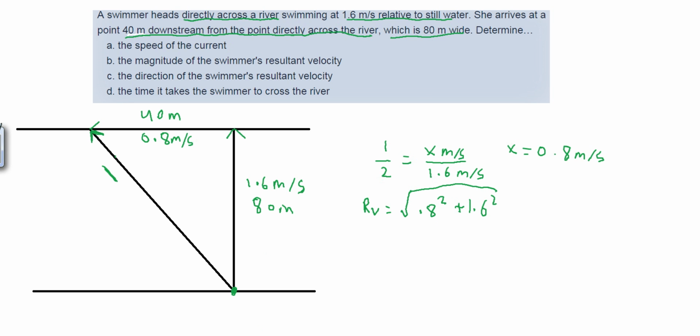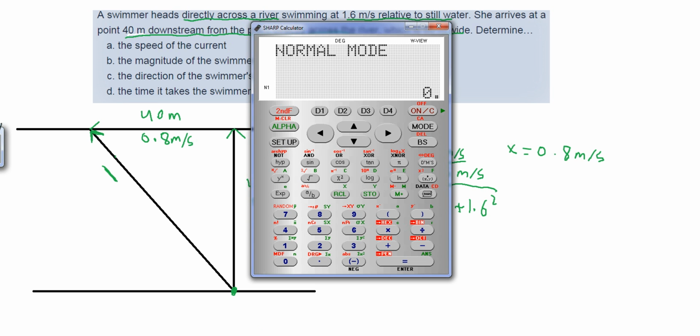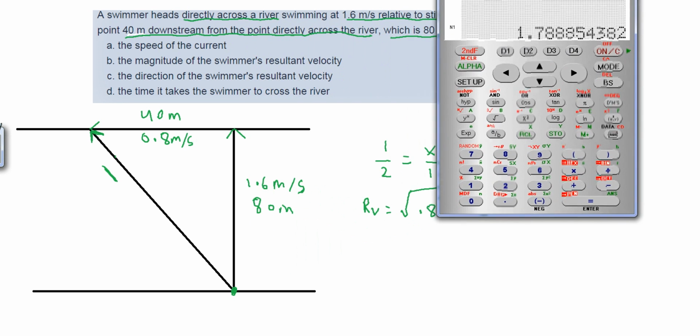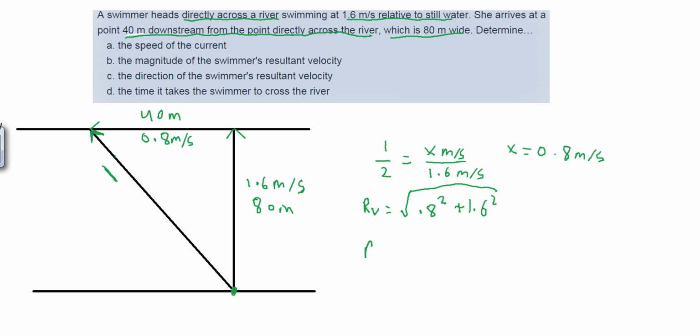Okay, let's pull up the calculator now. The square root of 0.8 squared plus 1.6 squared equals approximately 1.79 meters per second.